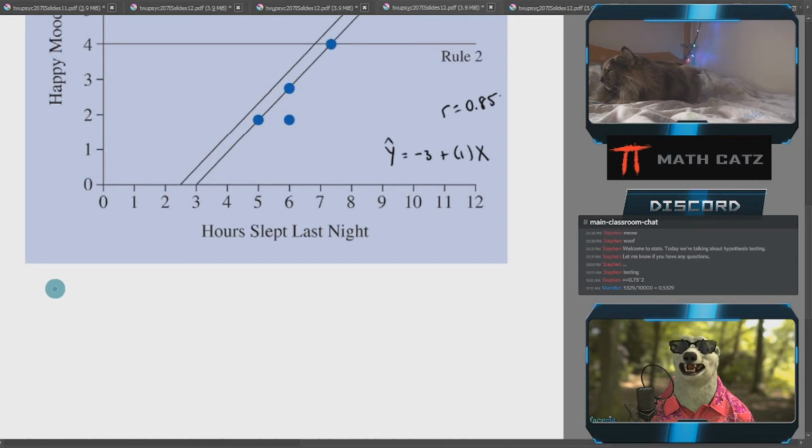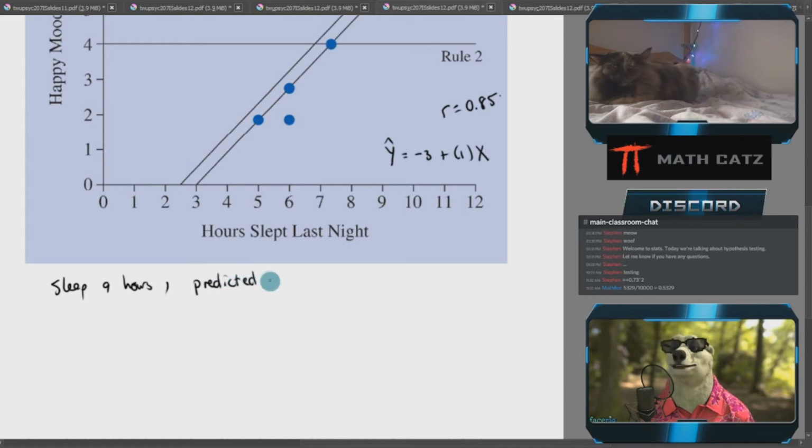If I sleep 9 hours, my predicted mood, according to that scale, of course, predicted mood score is -3 plus 1 times 9, which will be 6.